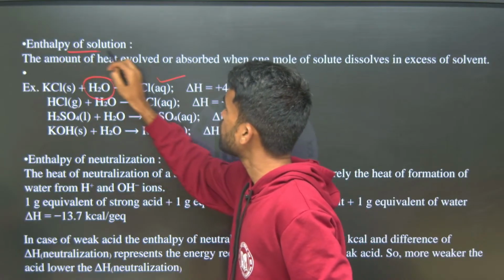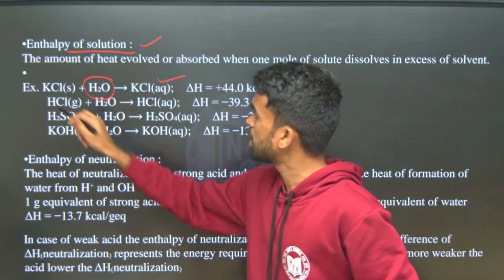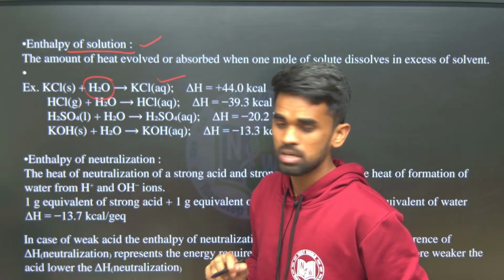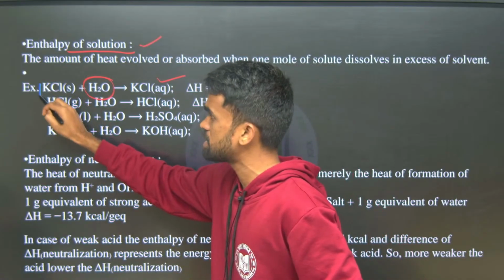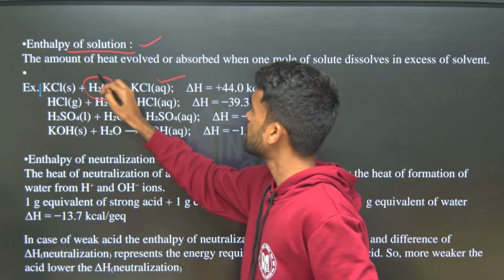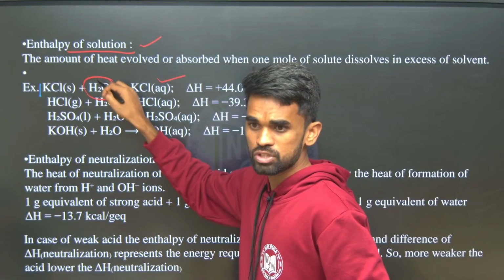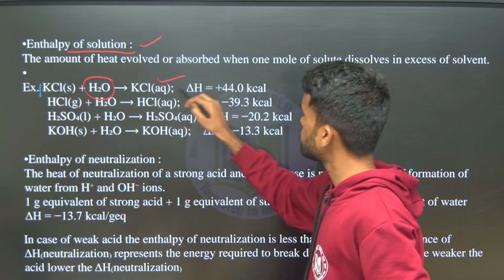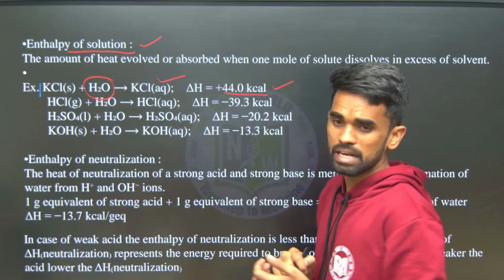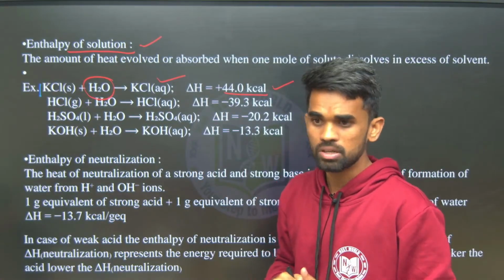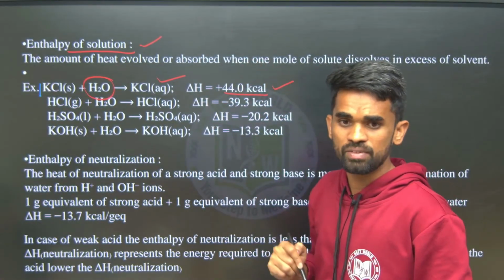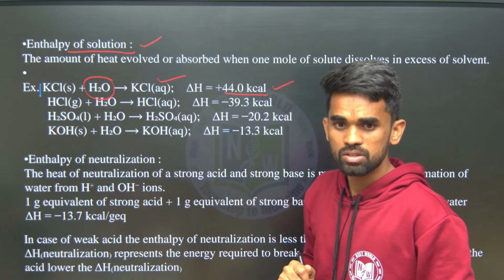So when 1 mole of this substance is taken and added to a large amount of solvent like water, some energy might be released or absorbed during this process. That energy is called enthalpy of solution.